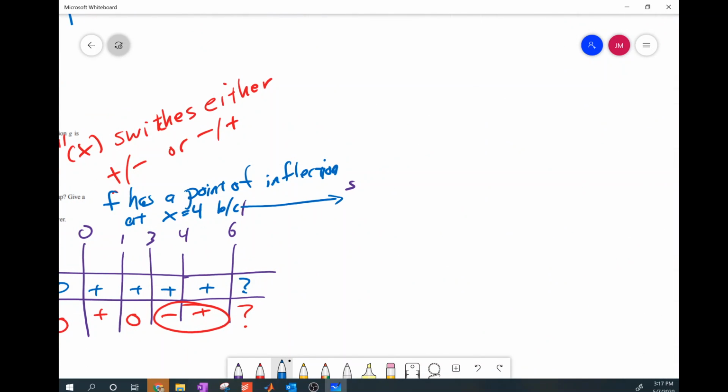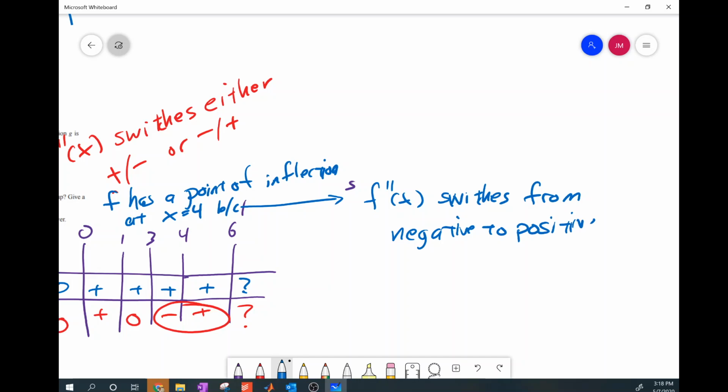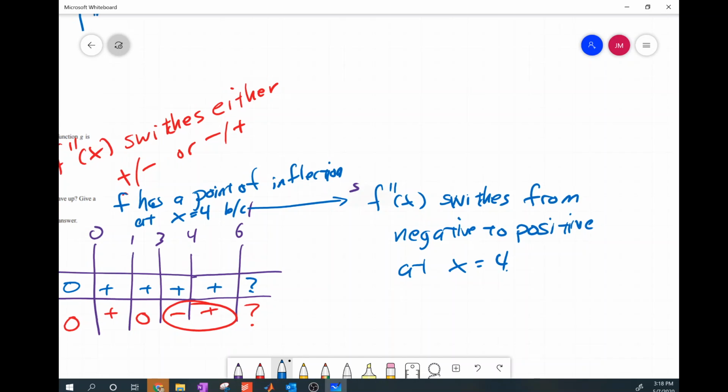Because f double prime of x switches from negative to positive at x equals 4. And that would be your answer.